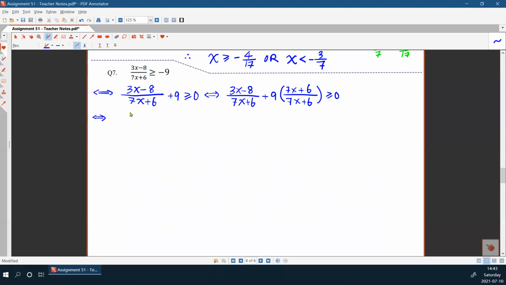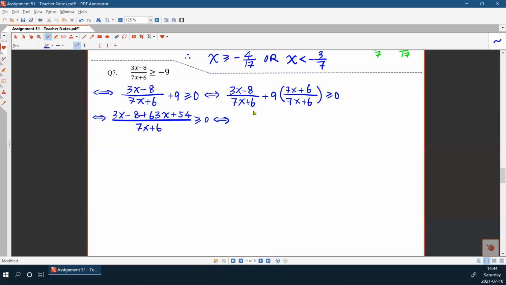And this is equivalent to, let's simplify the numerator here. 3x minus 8 plus 9 times 7x, which is 63x, right? And 9 times 6 is 54, right? Over 7x plus 6, which is greater than or equal to 0.